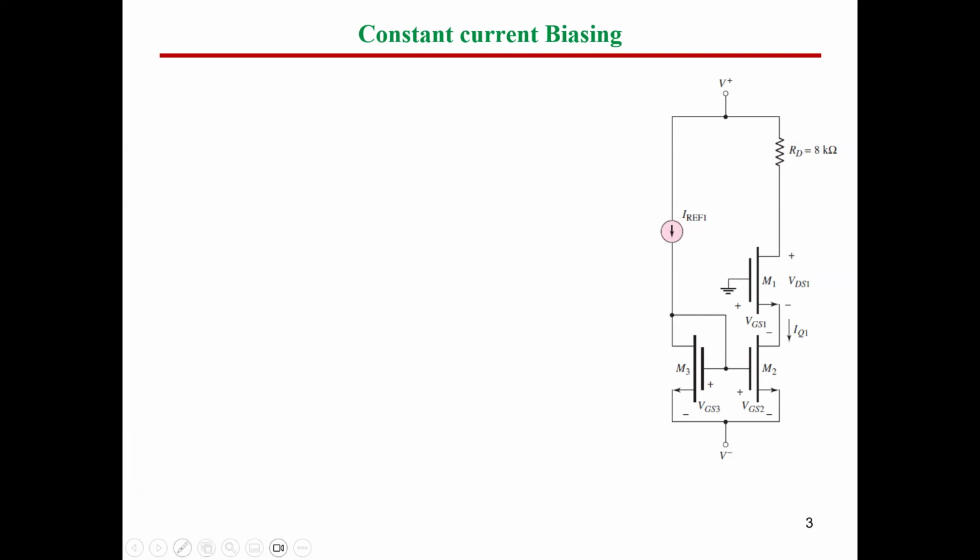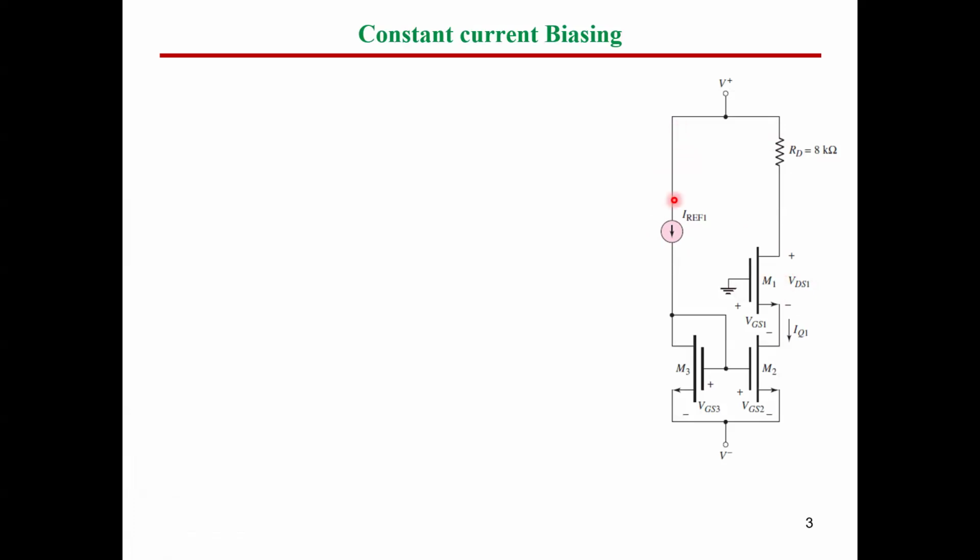So let me have the cursor. If a current is given here in this branch using any current source, we need to find the current moving in this MOSFET M1 according to this connection.